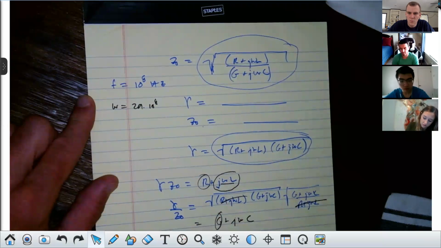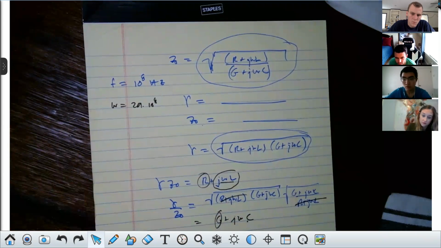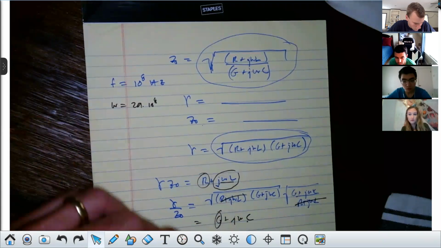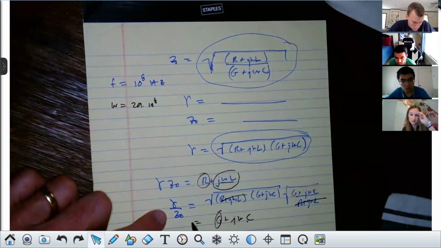And likewise, if we divide the imaginary term in the division right here by J omega, we get C. So this is a straightforward process once you see that the way to unmask the values is by multiplying and dividing these numbers, gamma and Z naught. Try to get familiar with that.